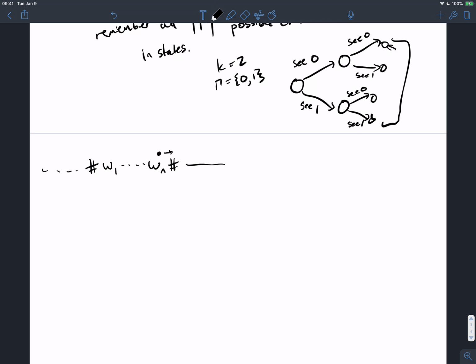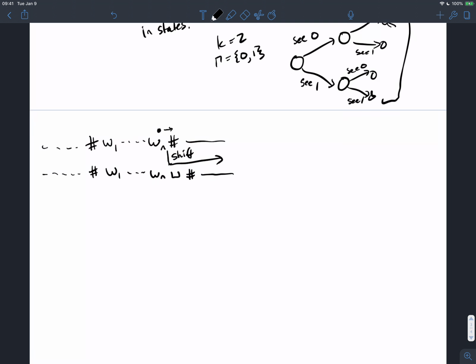We talked about it last class, and what we do is we shift the entire contents of the tape from here on one position to the right and add a blank symbol there. So we'll add a blank symbol and we shifted everything else right one position.